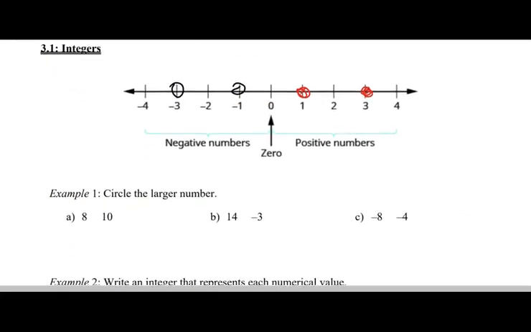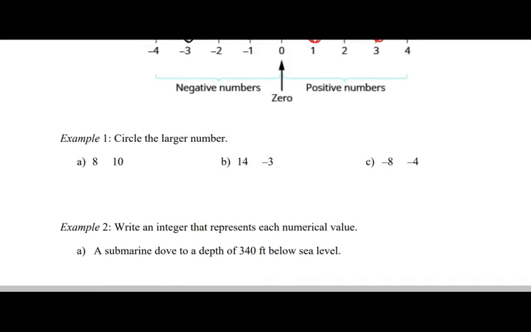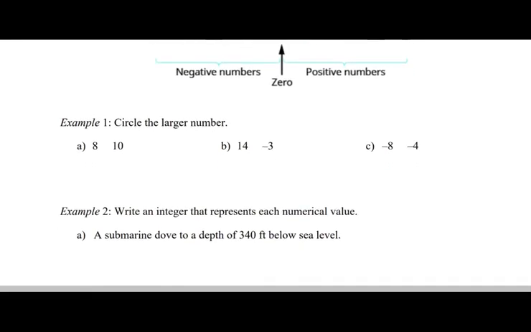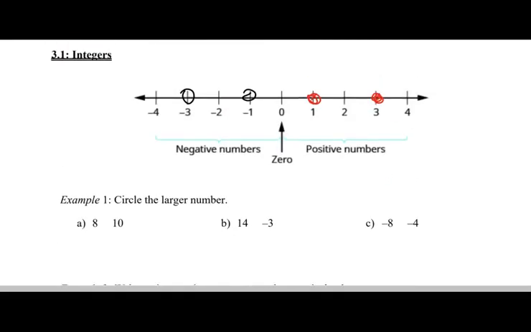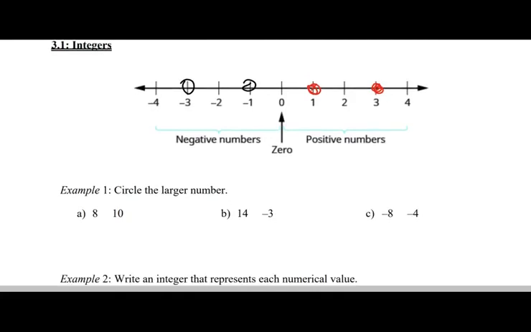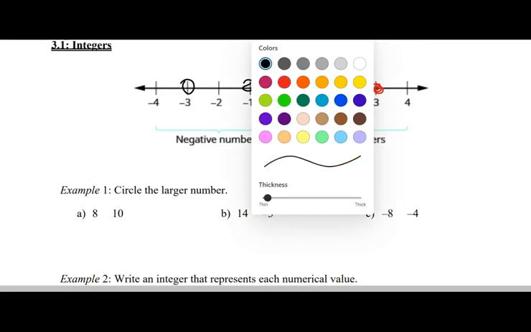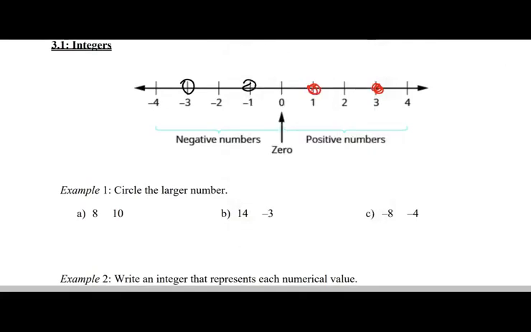Okay. All right. So the first thing that we're going to do is compare the numbers, and make sure that you have your number line handy when you do that. All we need to do is to circle the larger number, looking at 8 and 10, and looking at 14 and -3.